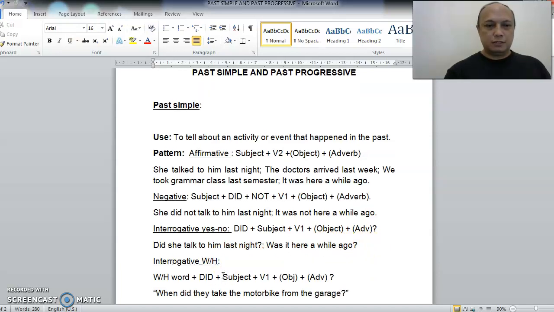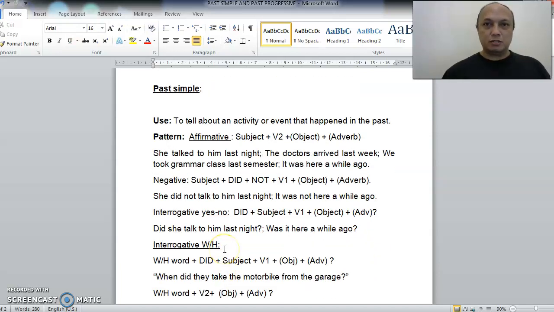For the interrogative WH word, it's called WH because it starts with W or H, like when, where, which, who, and how. So the pattern is like this. You have the WH word plus auxiliary did plus subject plus verb 1. Again, verb 1, not verb 2. When it comes to negative and interrogative patterns, the verb always changes back into verb 1 and not verb 2.